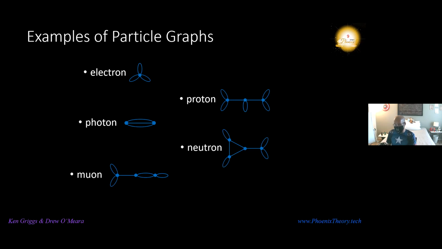So here we have examples of fundamental particles that are these constructions. We've got the electron, which is a beautiful particle simply because it does not require being connected to other vertices. In that way, we begin to understand why the electron shows itself in our measurements as a point particle.